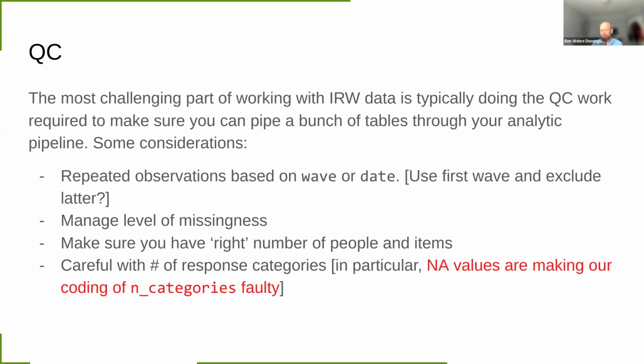In particular, we're currently working on one known problem where NA values are somewhat complicating our lives in terms of the way that we're storing the information about the number of categories that responses are reported in. So I'll come back to this in a moment, but these are some of the types of things you might want to think about.